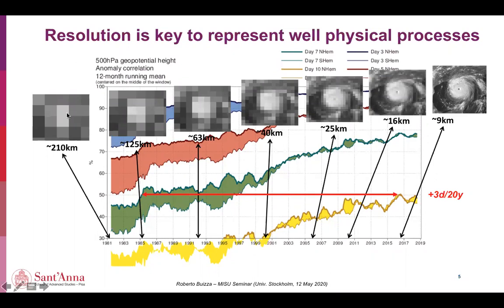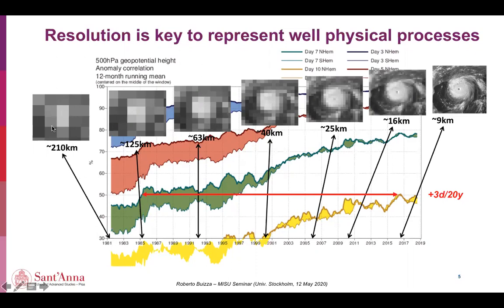That corresponds actually to the resolution of the models used at the European Center from 1981 to 2019. If we start from 1981, the resolution at that time, one of the first resolutions used by the European Center, was about 210 kilometers.